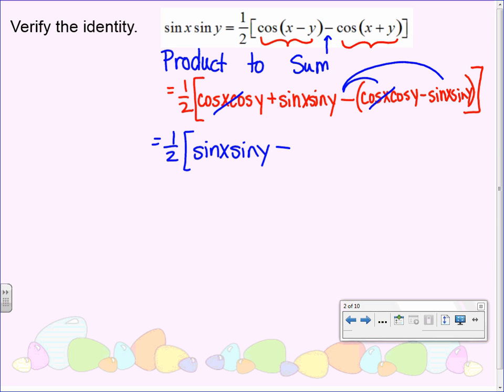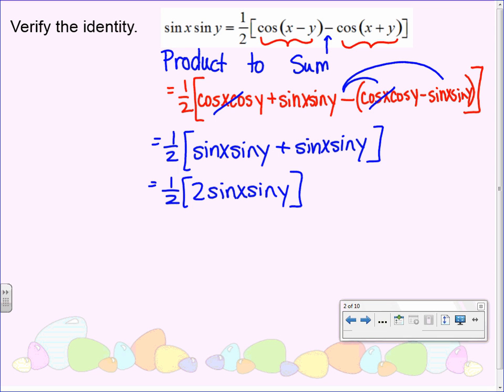It'll be a minus, a negative, so a plus, another sine x, sine y. Now what can you do? Add them together. So I'll just have 2 sine x, sine y's. And then what? 1/2 and 2 cancel. So I'm left with sine x, sine y.